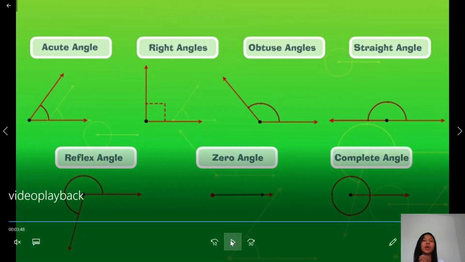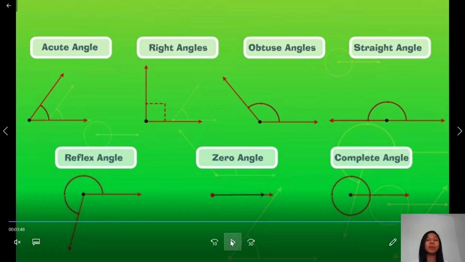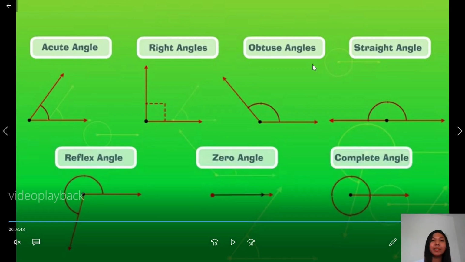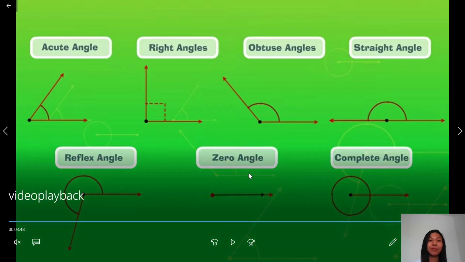And the last one, complete angle. But in your worksheet, we just focus on this part. So you have to draw different types of angles. If you need to review, just play this video again, for you to answer your worksheet.